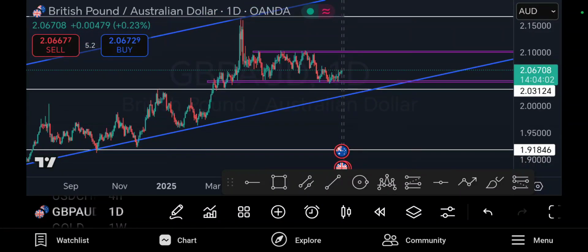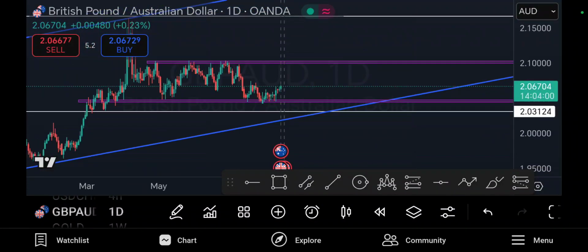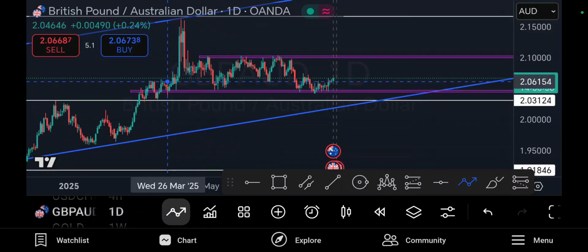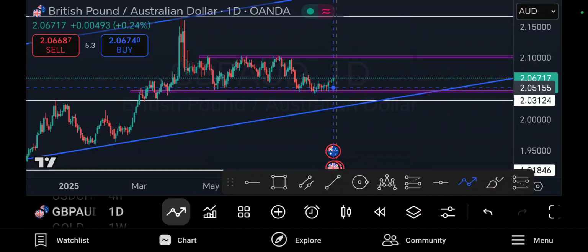So this is GBP AUD. As you can see, you can already see it's playing in this area. So we can anticipate our buys pushing to the upside. Nice clean buy.